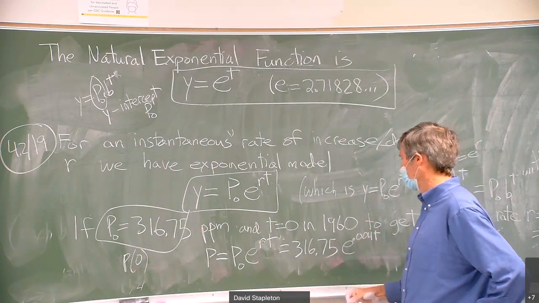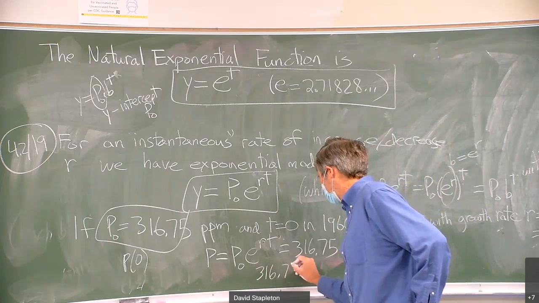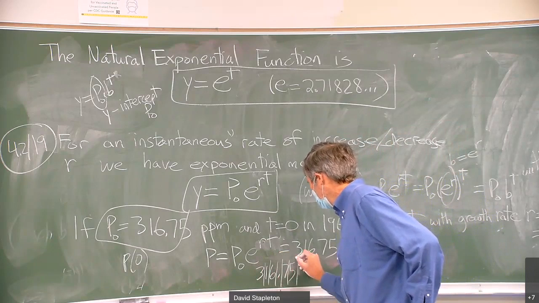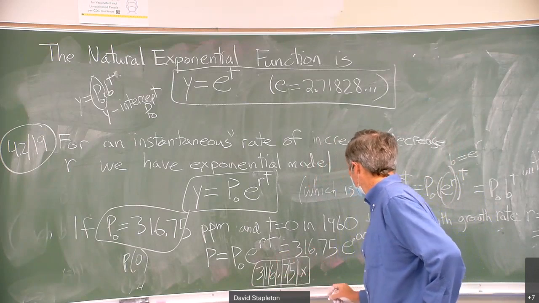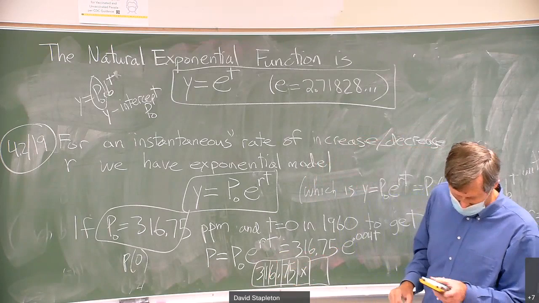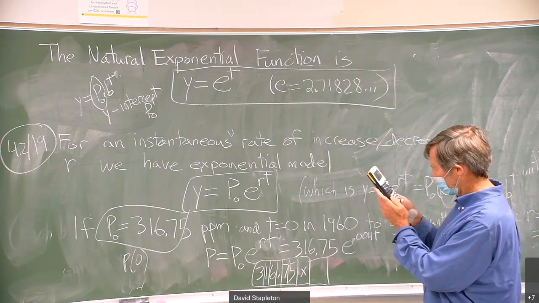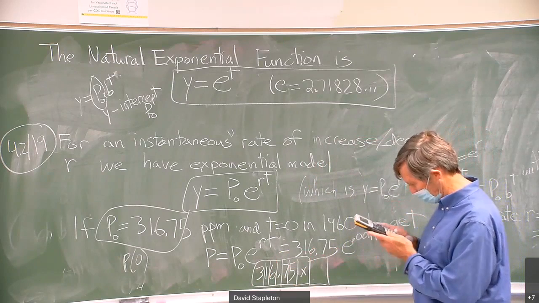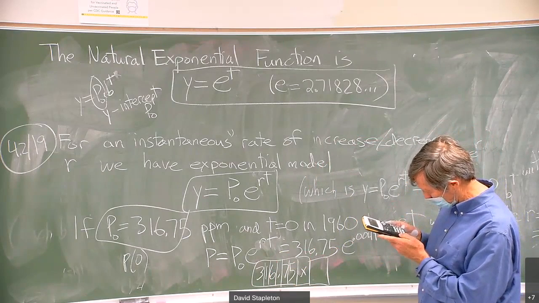On your calculator, you type the buttons 316.75, times, right? And then e on here is actually in a funny spot. Sometimes on the calculator it'll say EXP, and you have to learn that for your calculator. But this one has an e to the x button, and it's above the LN button.